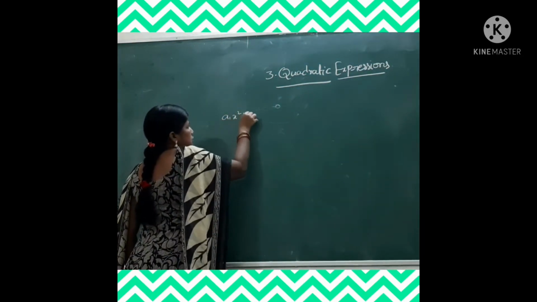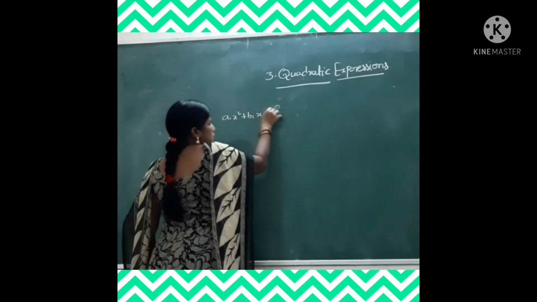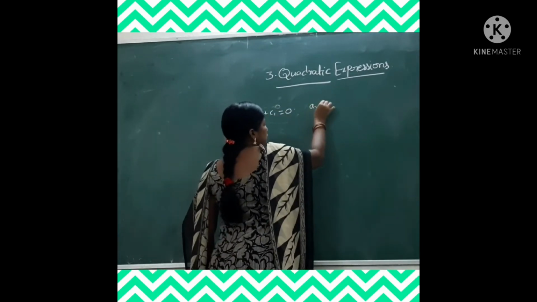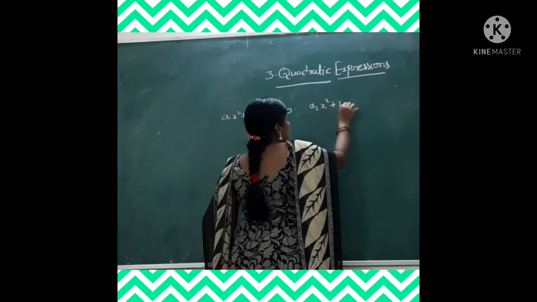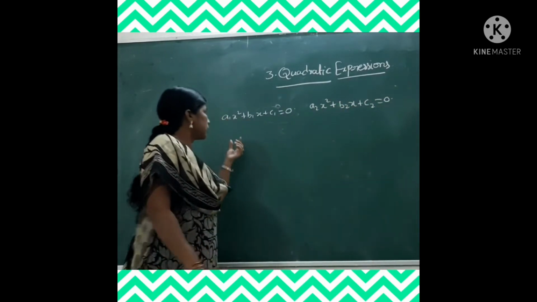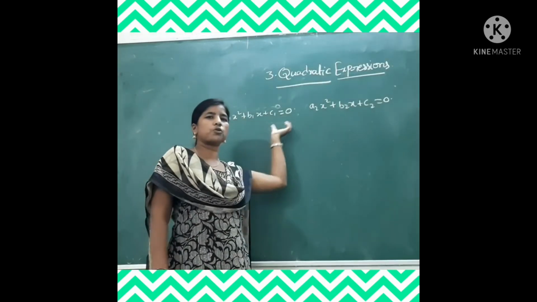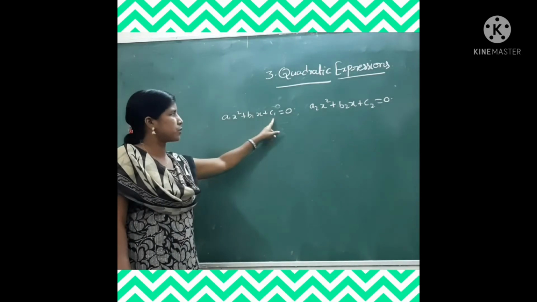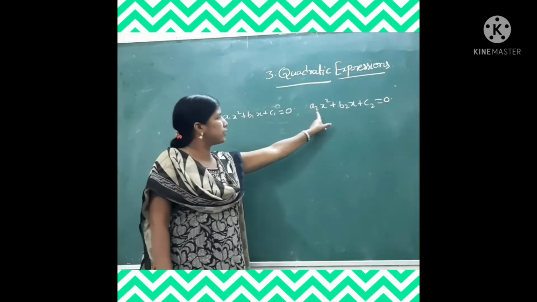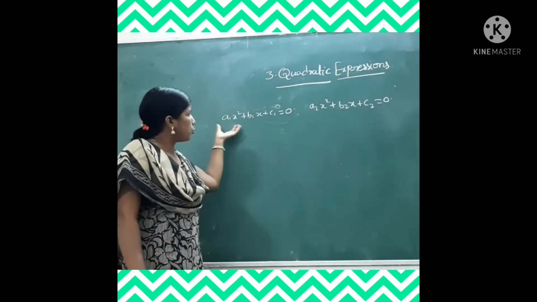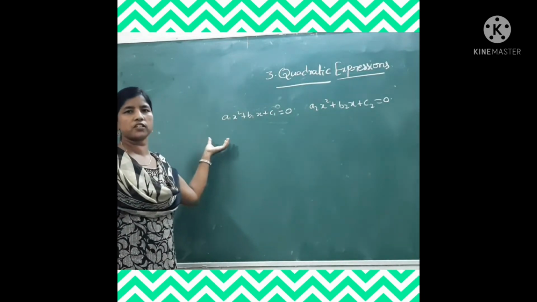Okay, what is that? a1x square plus b1x plus c1 is equal to 0 and a2x square plus b2x plus c2 is equal to 0. So here we take two quadratic equations, and from both equations we find out the common root.